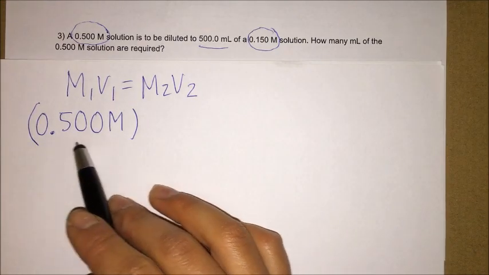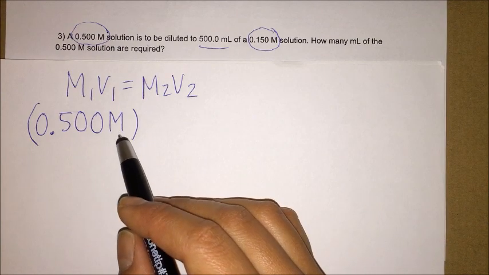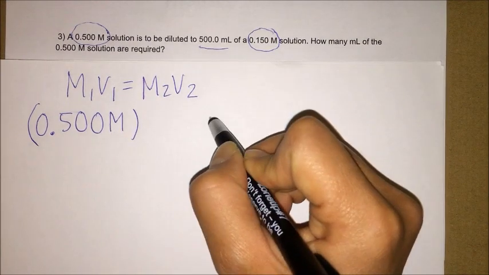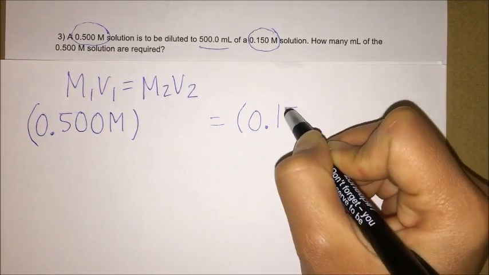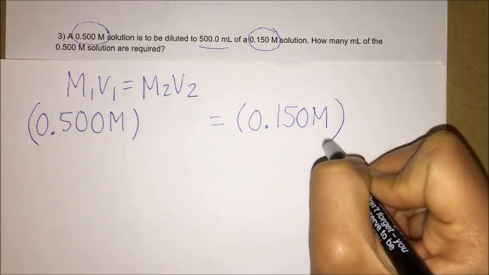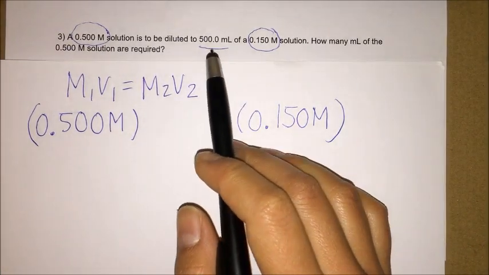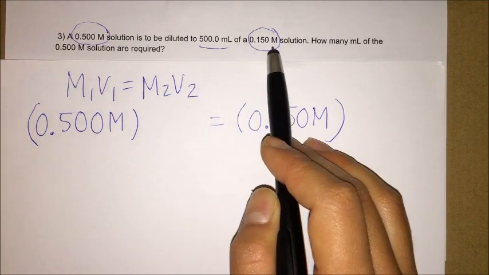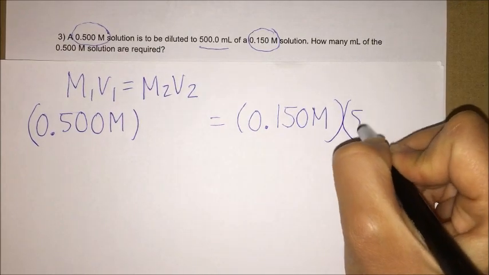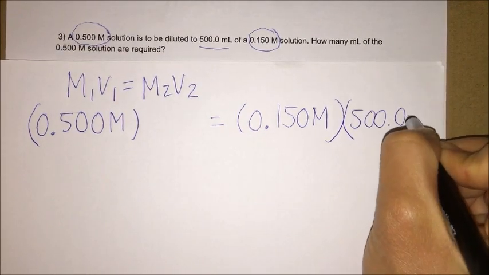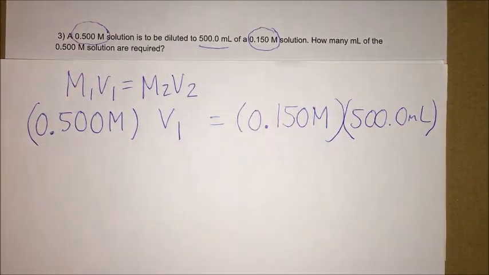You always start out with a sweeter Kool-Aid, and then when you dilute it by adding water, it becomes less concentrated, which is why the second molarity is less than 0.500. Okay? The problem says 500 milliliters of 0.150, so the V2 is 500 milliliters. So what you're solving for is your V1.